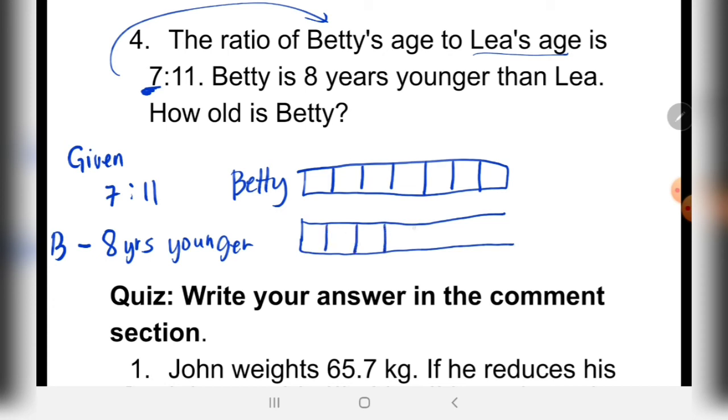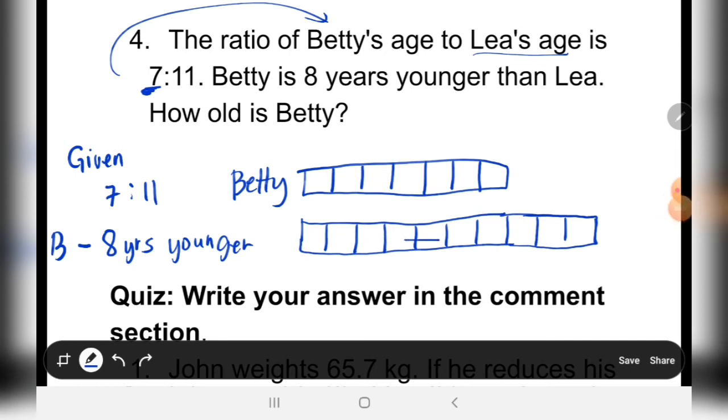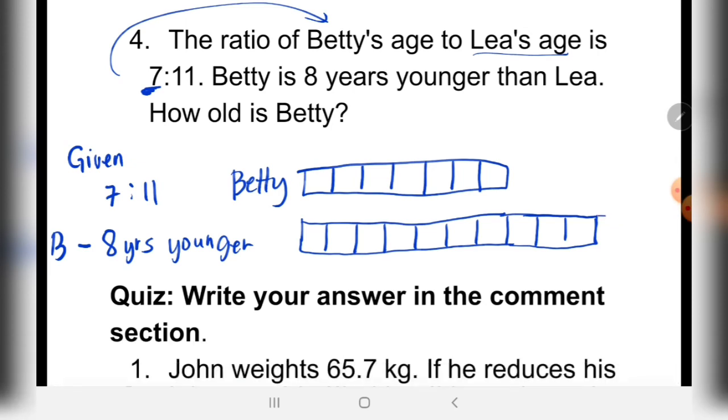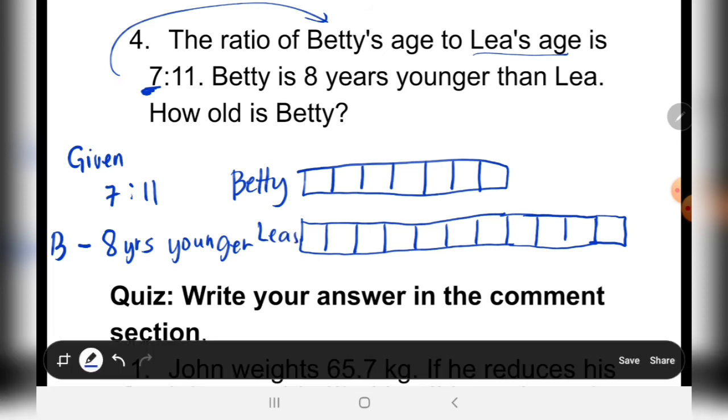Okay, let's count again: 1, 2, 3, 4, 5, 6, 7, 8, 9, 10, 11. Now, this is Leia's bar model.